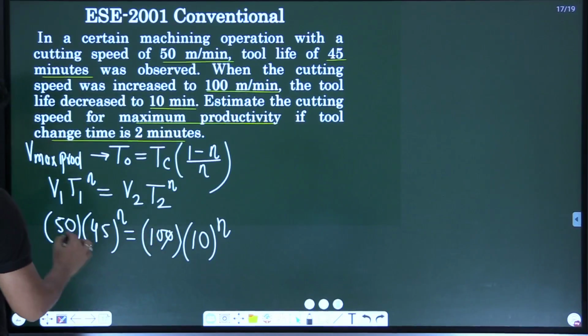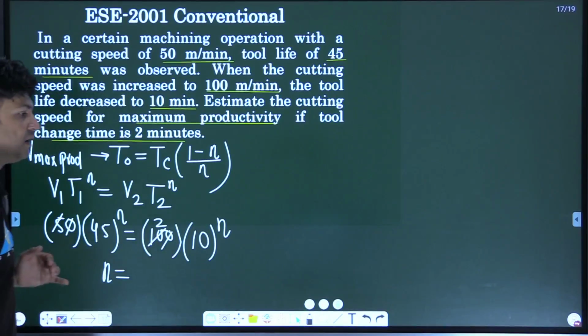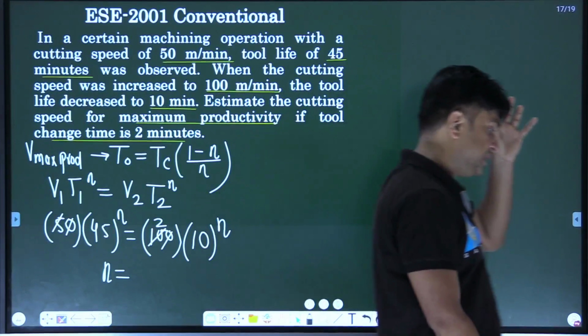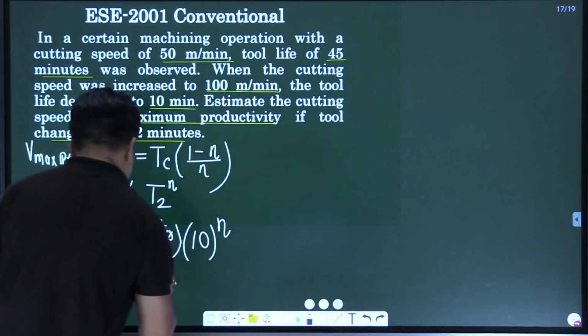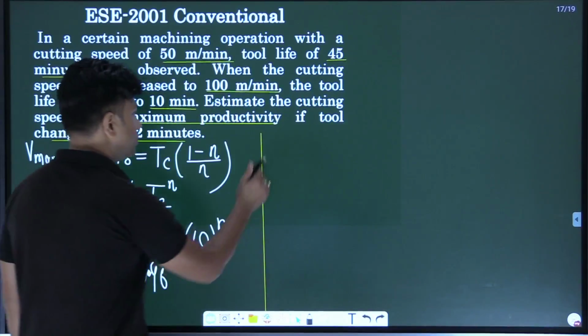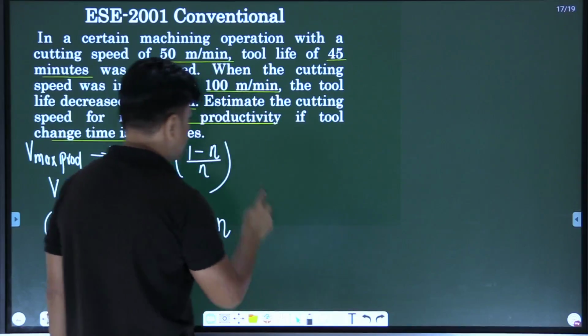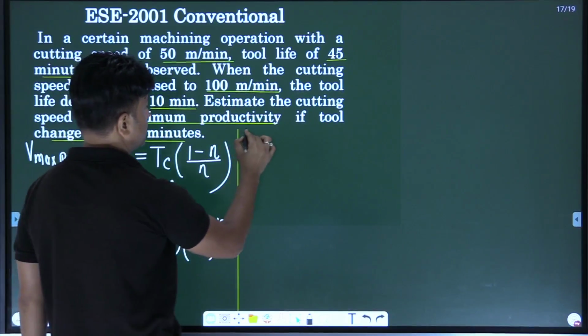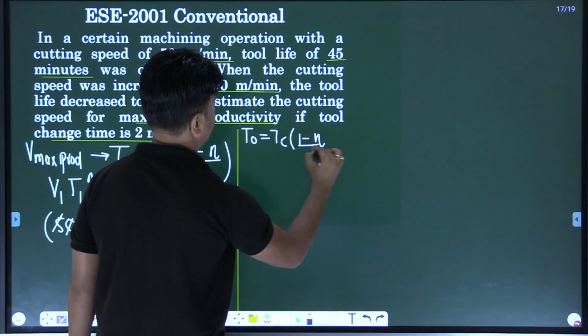Now you can solve and you will get the value of n. And what will be the value of n here? The value of n comes to 0.46, right. Now find that tool life where the production rate is maximum. So T naught is Tc into (1 minus n) by n.